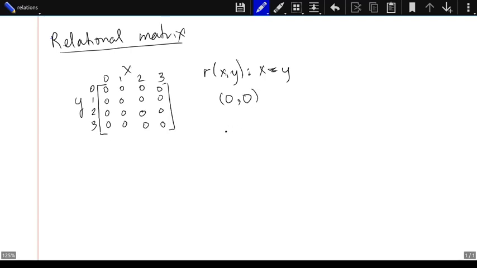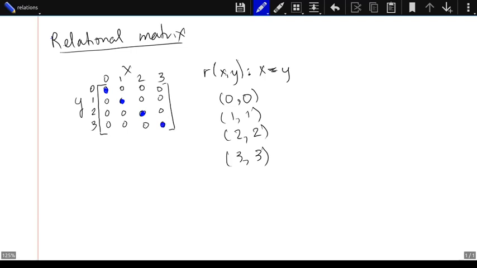So we get 0, 0. We also get 1, 1, and we get 2, 2, and we get 3, 3. And those are the only pairs, given those input values, for which this relation holds true. So we can fill in the dots that correspond to these pairs. So here's 0, 0, 1, 1, 2, 2, and 3, 3.